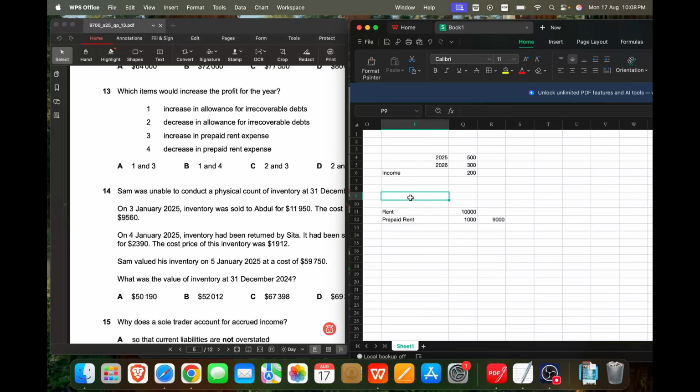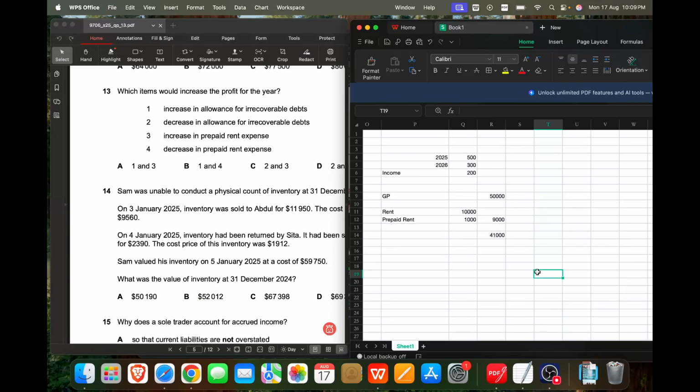And then let's do this. If I have a gross profit out here of 50,000, and let's say rent is the only expense that we have, which is 9,000. If I subtract that from my gross profit, then I'll get my profit of 41,000.